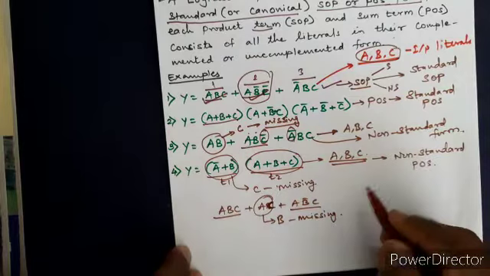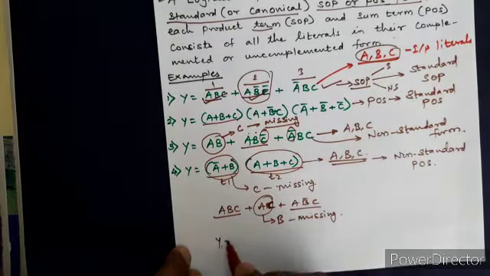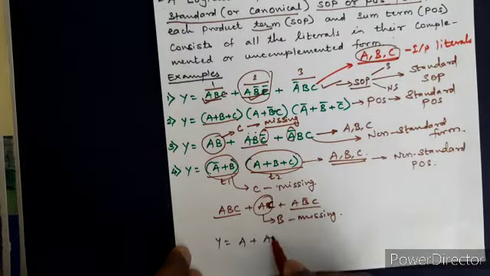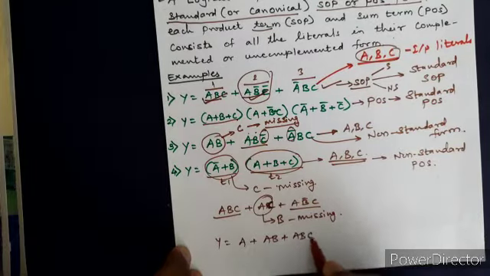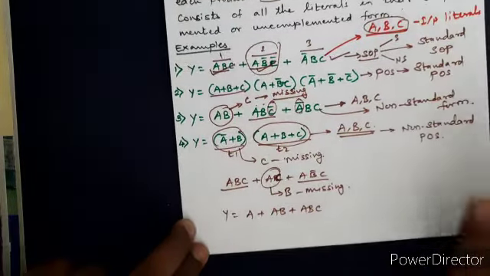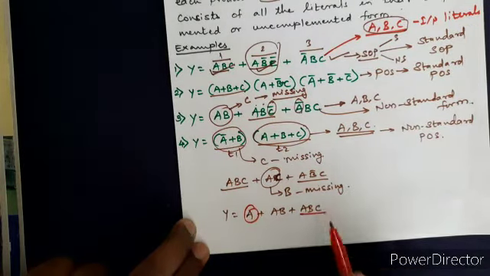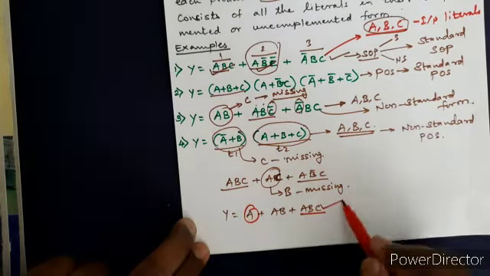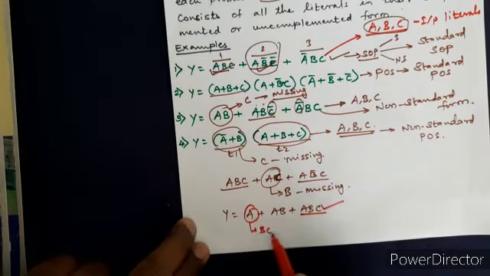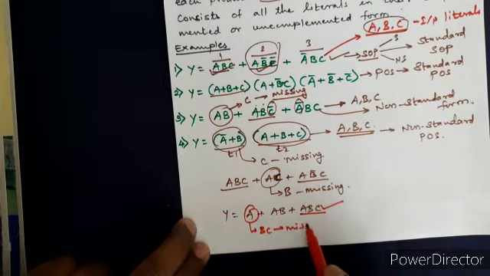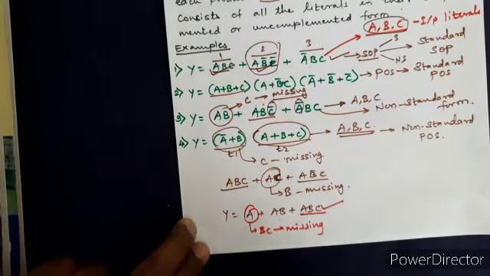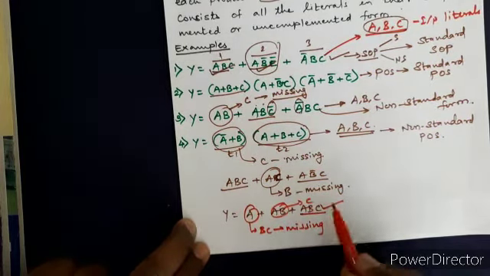We can have this equation also, y equal to A plus AB plus ABC. Now here if you see, three literals are there, A, B, C. Here this is okay, but here B and C are missing, and here again C is missing.